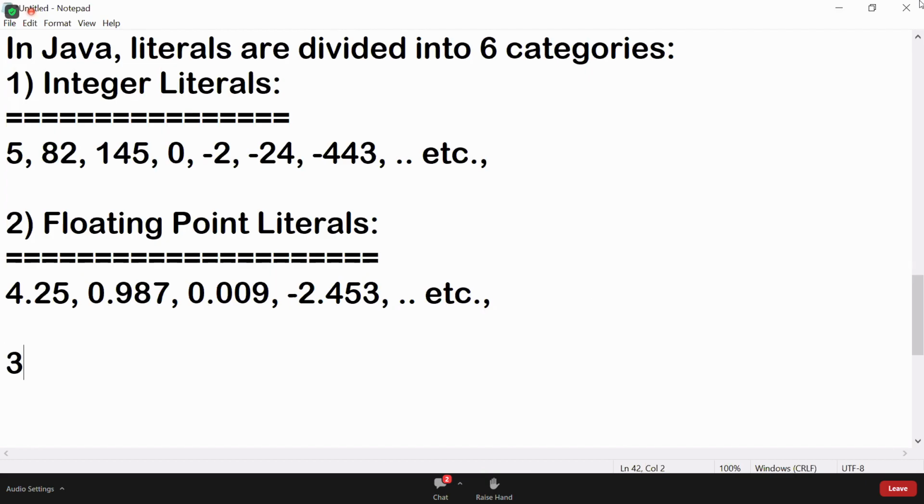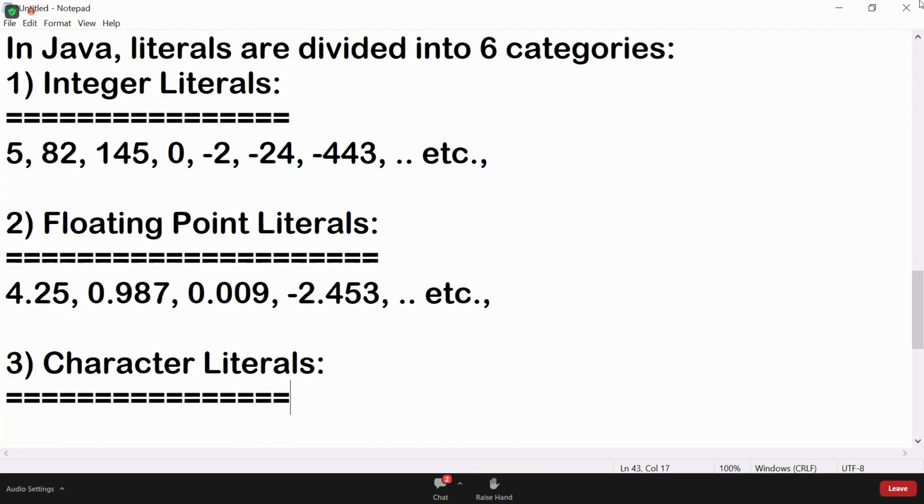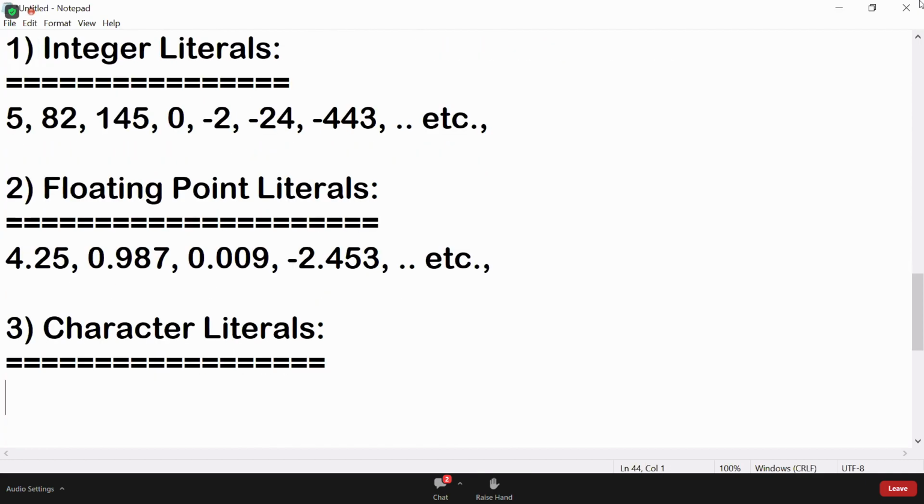Next, character literals. Character literals must be in single quotes. One character only, in single quotes. Even a digit, one digit only you can write. And a symbol also you can write.